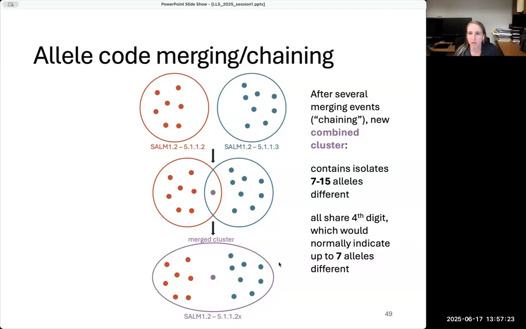So we end up with this merged cluster, and the isolates within this merged cluster are going to be 7 to 15 alleles different. But also, the red ones are going to be less than 7, and the blue ones are going to be less than 7 as well. They're all going to share the same fourth digit, which would suggest up to seven allele differences, but they're actually going to be up to 15. So that's when they had to institute the X codes.